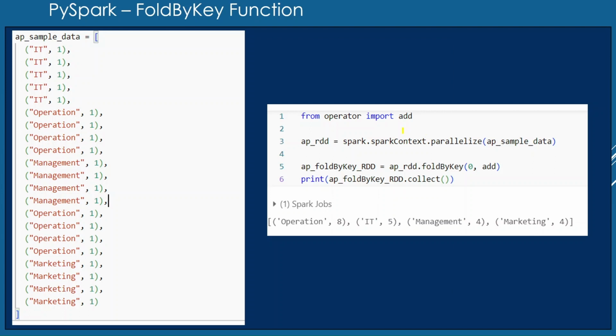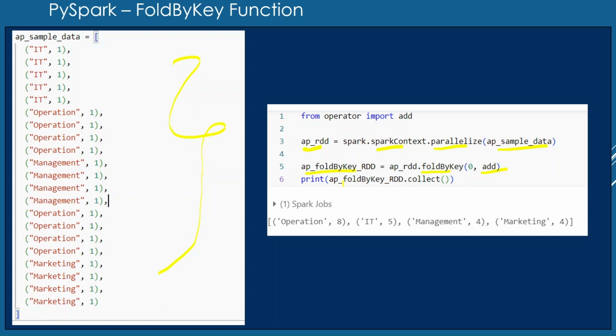I am going to do an exercise. In this exercise, I am going to use this list which has all the required data, and I will create an RDD with the help of the SparkContext.parallelize method by passing this list as a parameter value, and I will apply the FoldByKey function. What I will do is just add the values, and this is the resultant RDD.